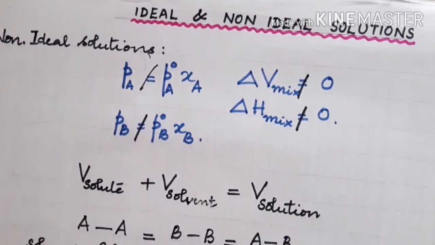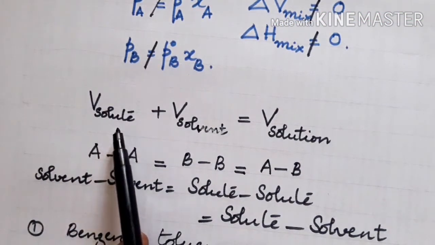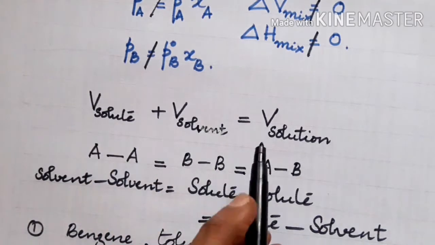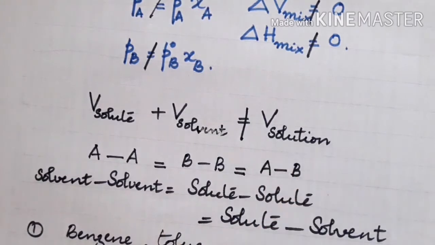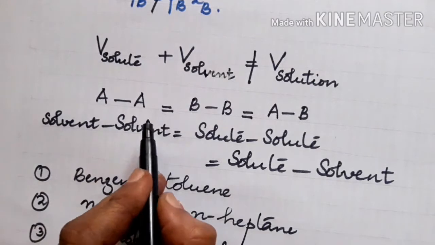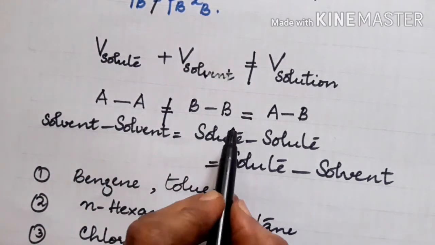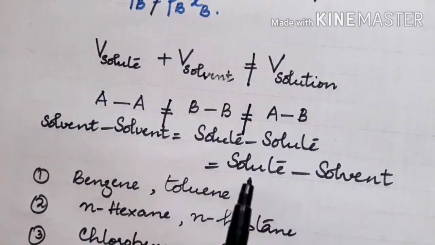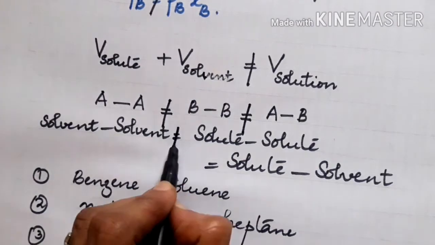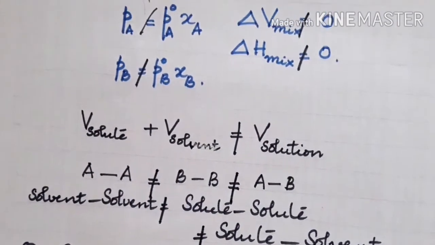In such a condition, we say that V solute, that is volume of the solute plus volume of the solvent, is never equal to volume of the solution, and this happens because the solvent-solvent interactions and solute-solute interactions are not equal to solvent-solute interactions. In such cases we say that it is a non-ideal solution.